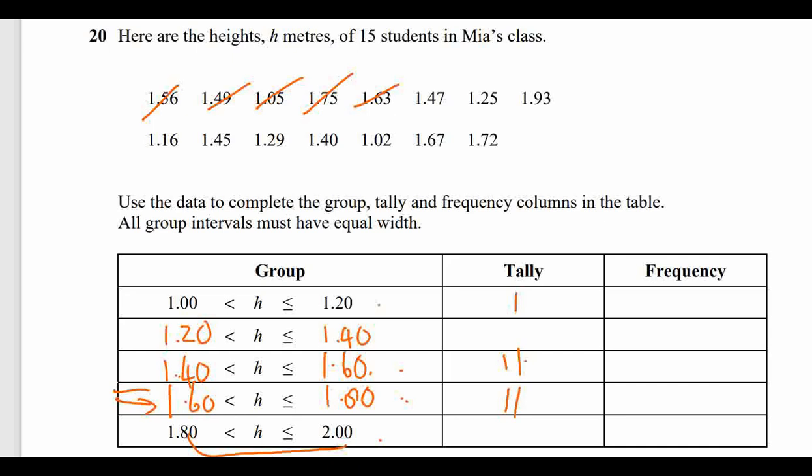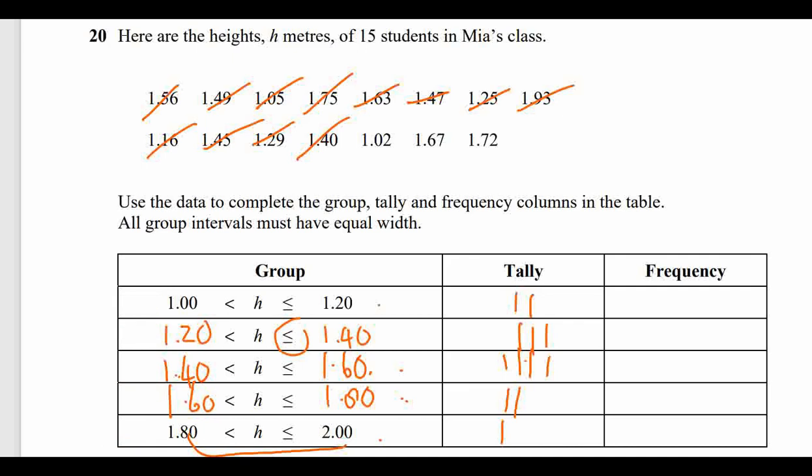Next is 1.47, it goes to this group. 1.25, it goes to this group. 1.93 goes to this one, between 1.8 and 2. 1.16 goes to this group. 1.45 goes to this group. 1.29 goes to this group. 1.40 is equal to 1.40, so it remains in this group, not the lower one.